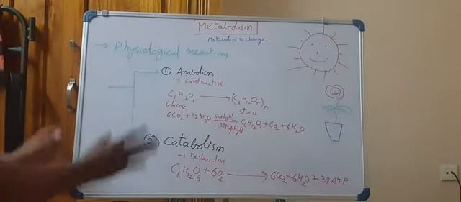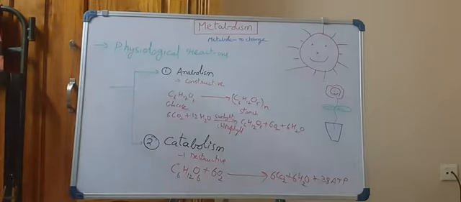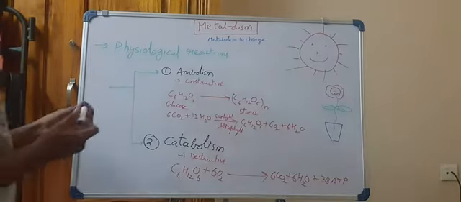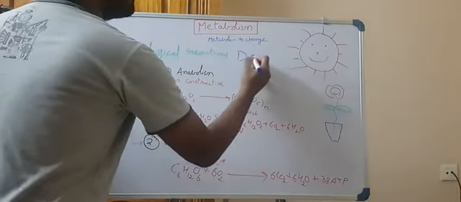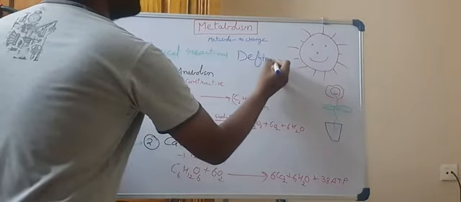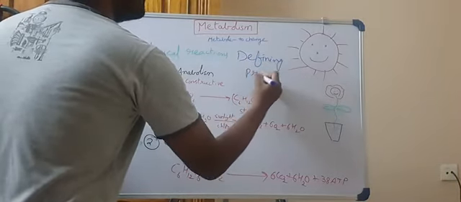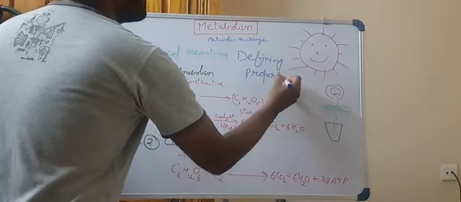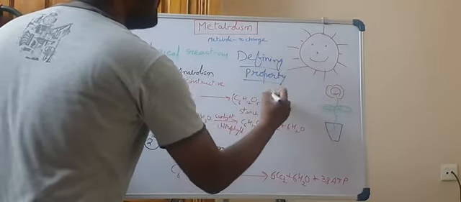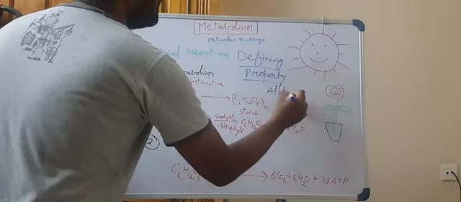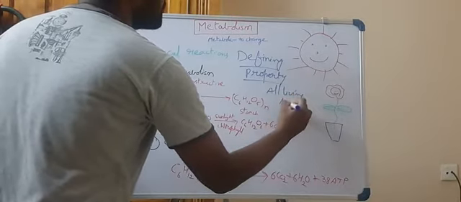So this is metabolism. So metabolism is a defining property of living beings. So why do you call metabolism a defining property? Because metabolism is exhibited by all living beings.